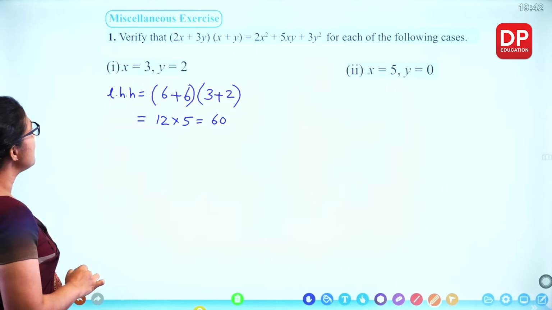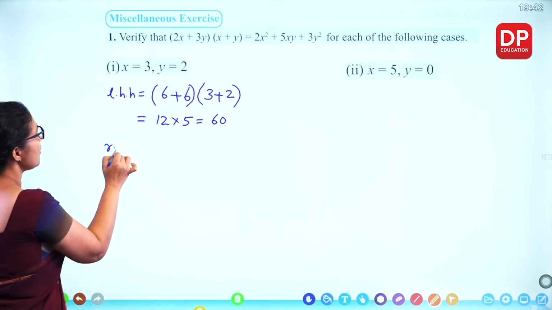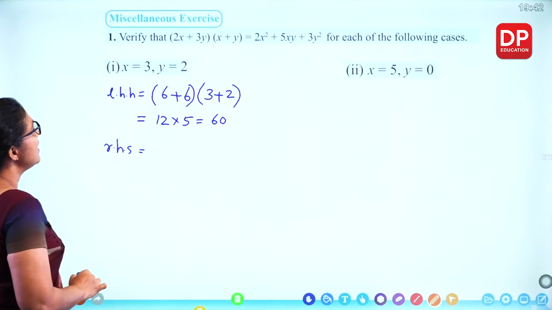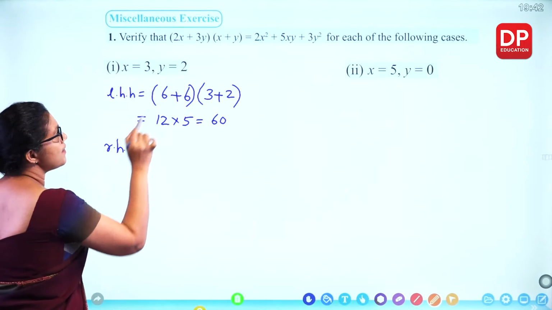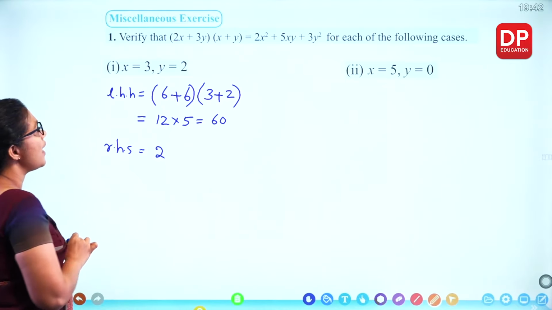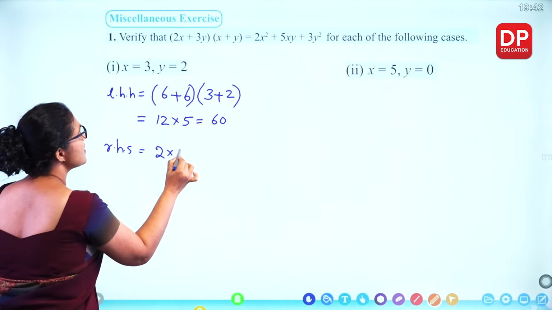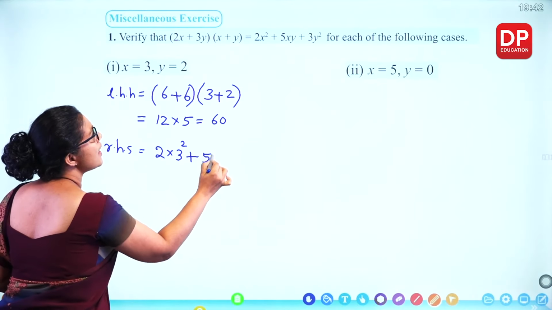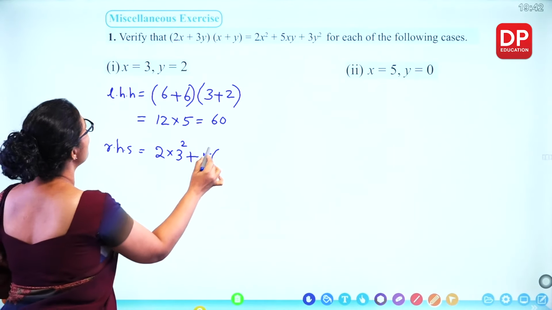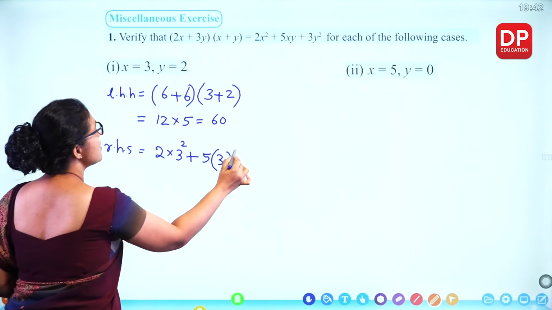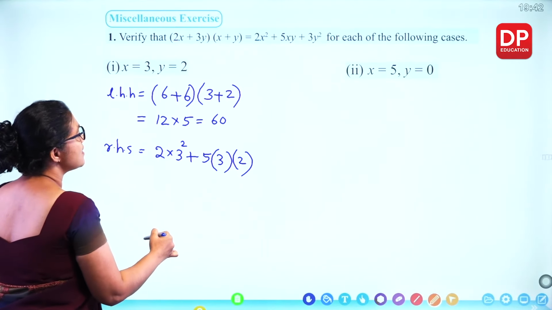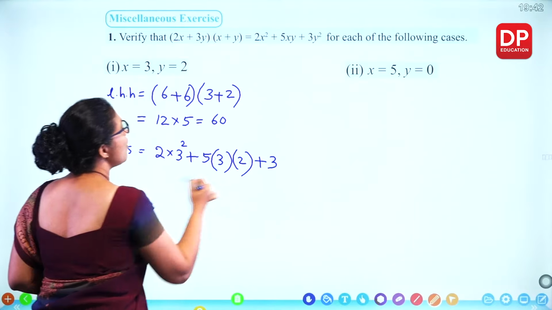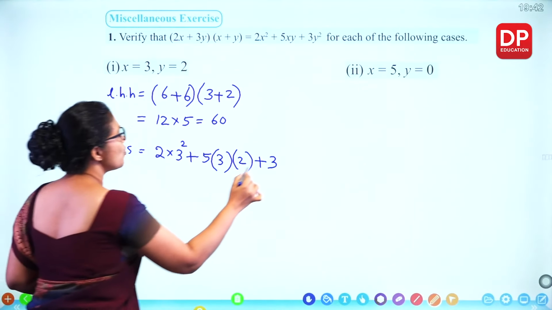Now we'll look at the right hand side. When you are looking at the right hand side, we see the other side expression, 2x squared. So x squared is 3 squared. Next term is 5, x, y. What's the x value? 3. Y equals 2. And what is the last term? 3, y squared means 2 squared.